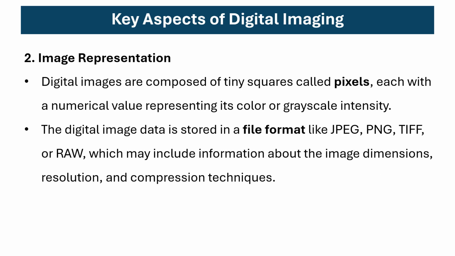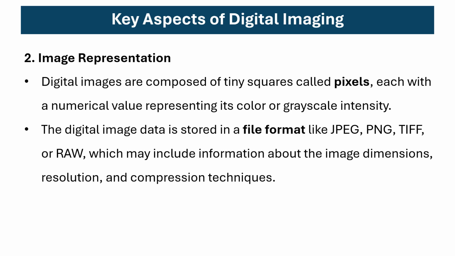The second key aspect is image representation. Digital images are composed of tiny squares called pixels, each with a numerical value representing its color or grayscale intensity.